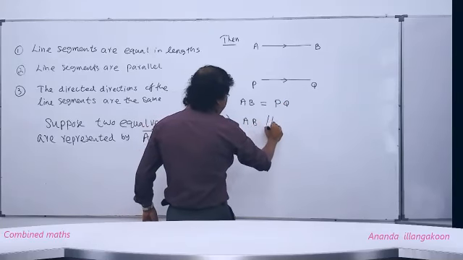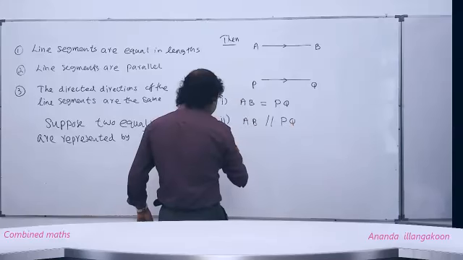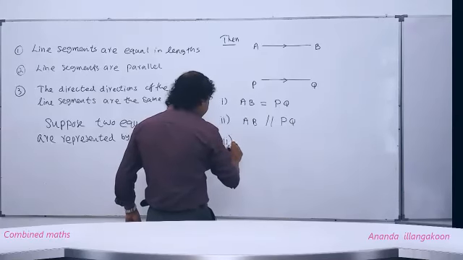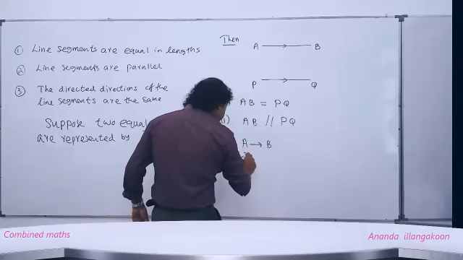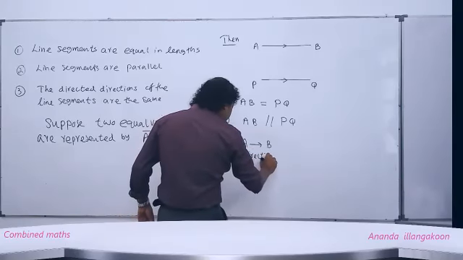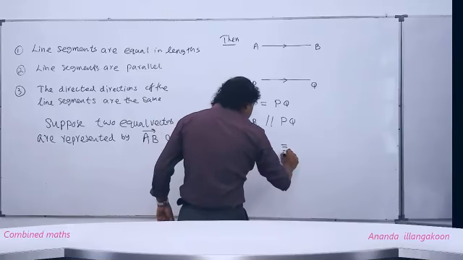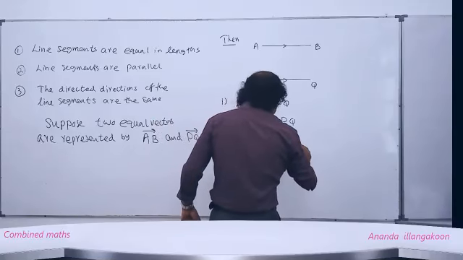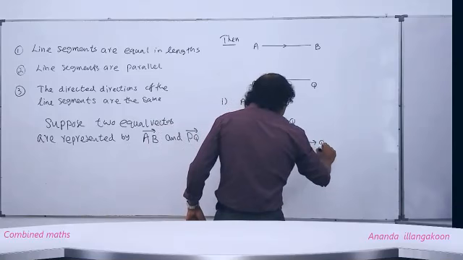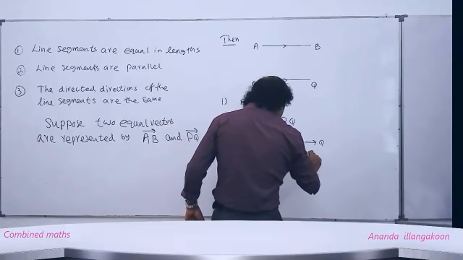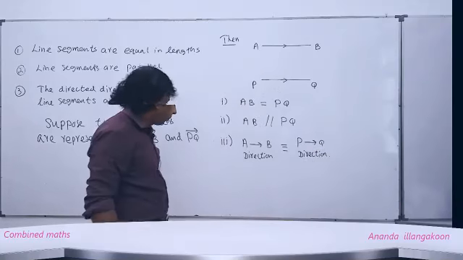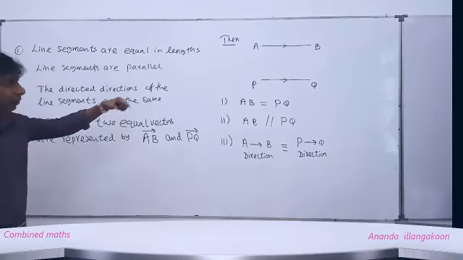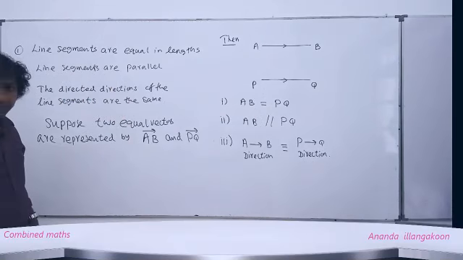AB is parallel to PQ. A to B direction is the same as P to Q direction. Right, people, take down this note.